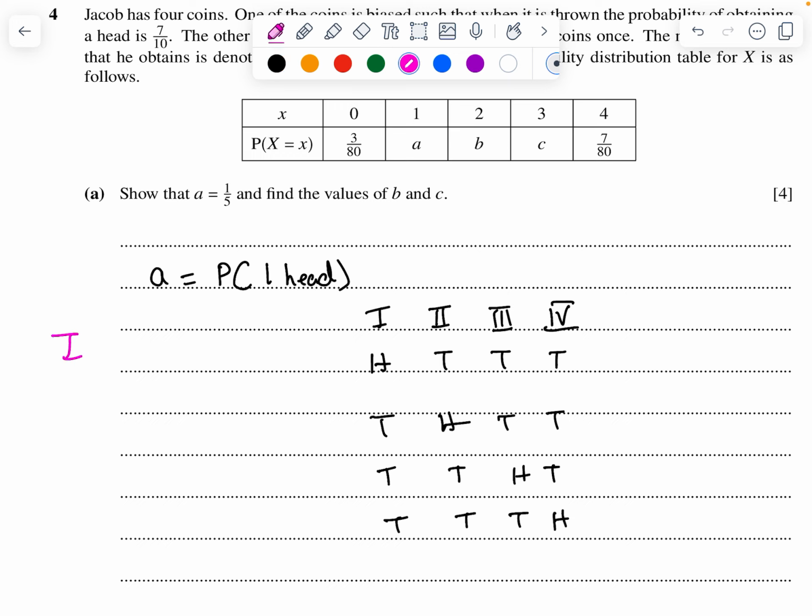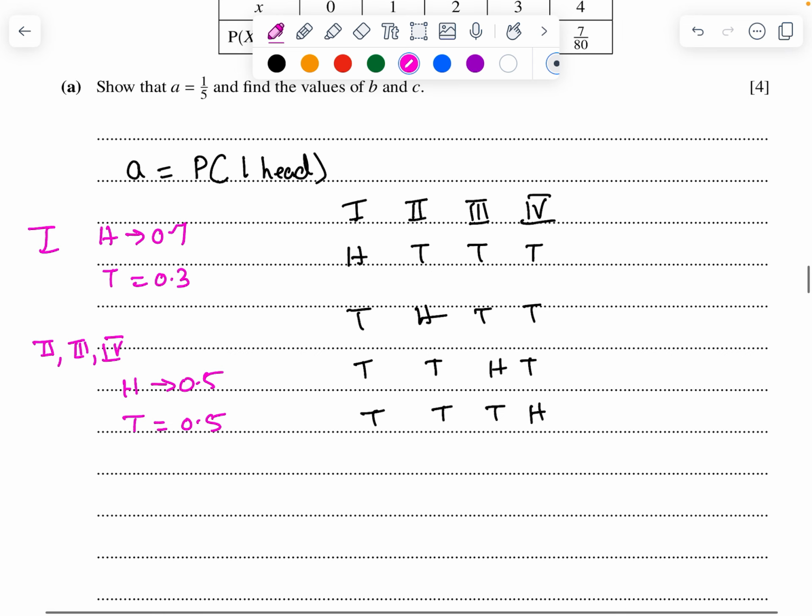For the first coin, probability of head is 0.7 and tail is 0.3. For the second, third and fourth coins, probability of head is 0.5 and tail is 0.5. So for this case, it becomes 0.7 times 0.5 whole cube.